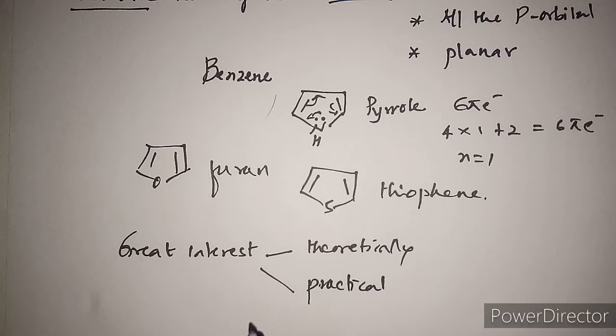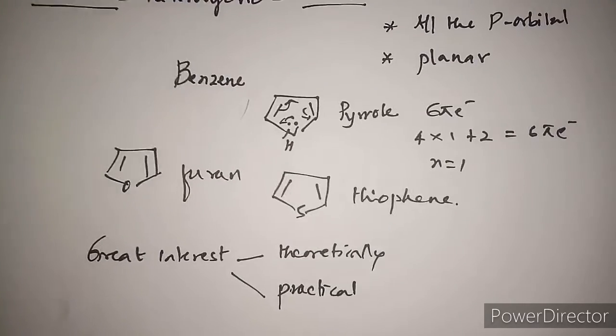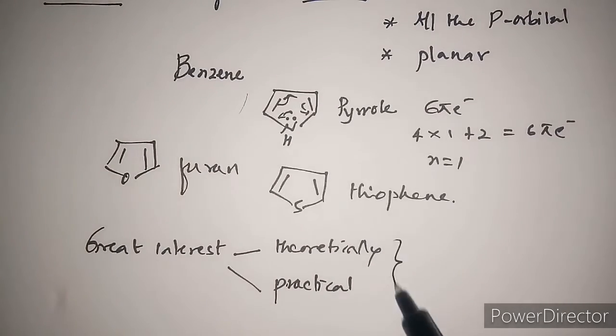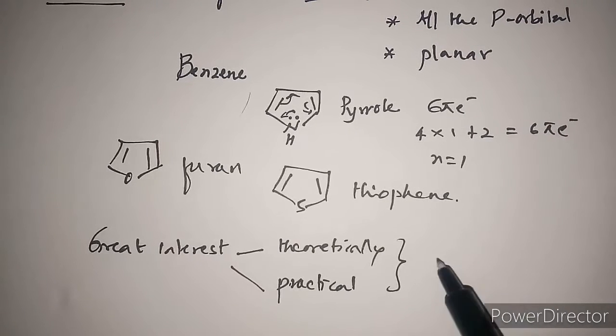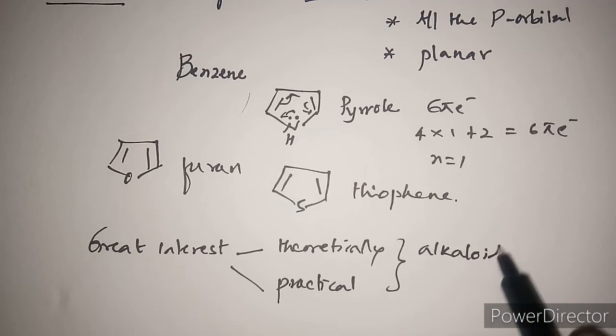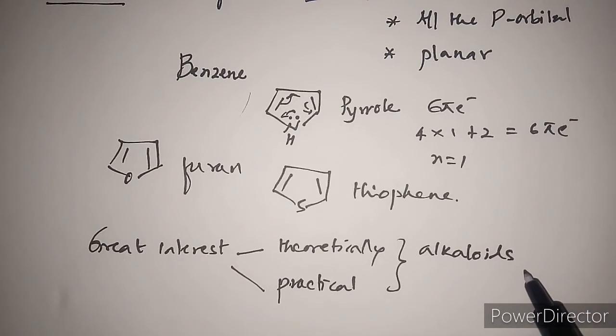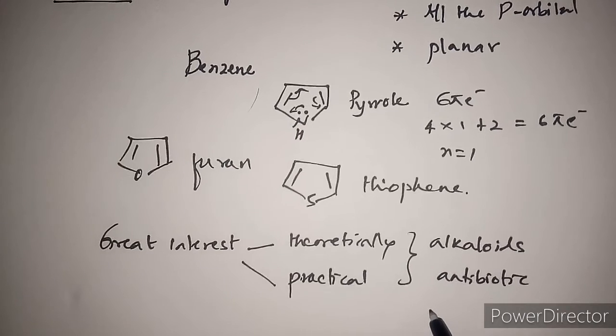A large number of heterocyclic compounds are essential to life. Various compounds we can classify as alkaloids. Alkaloids contain heterocyclic moieties, and most of the antibiotics contain heterocyclic systems.